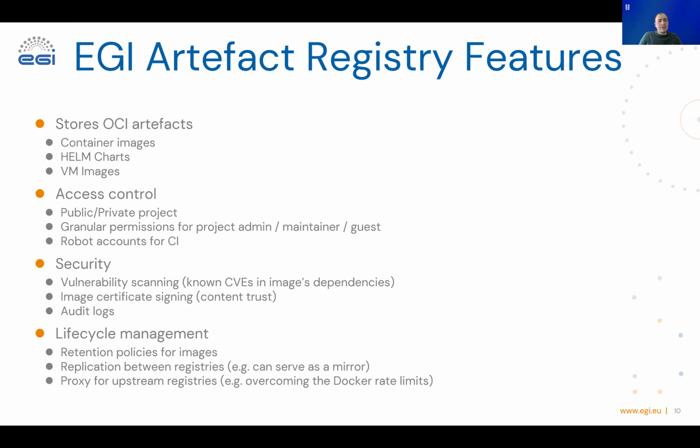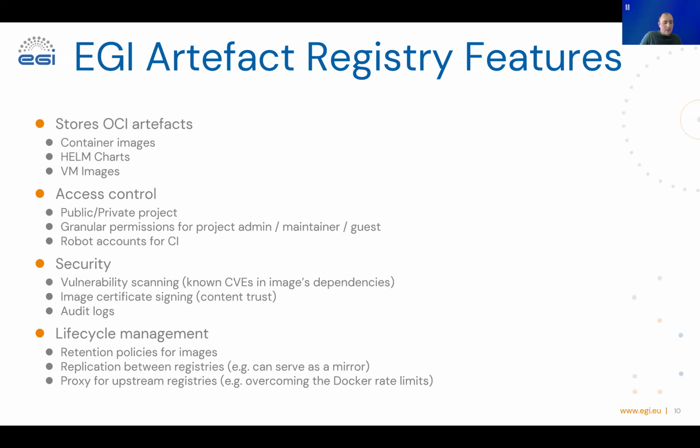And it also supports storing virtual machine images. So if you recognize those .qcow or .raw files with the whole virtual machine, then the EGI Artefact Registry can support that and store that as well within the project.